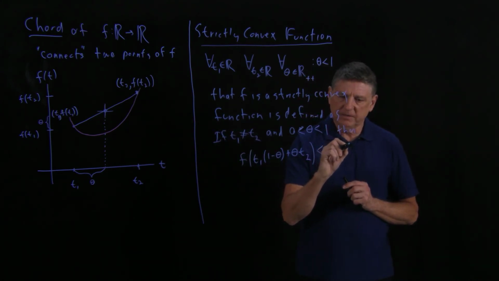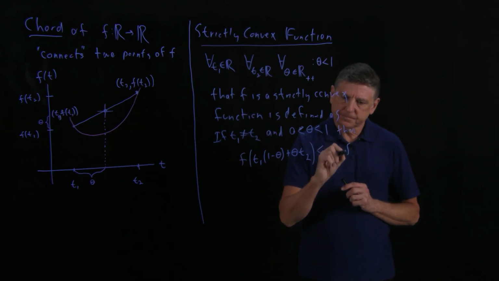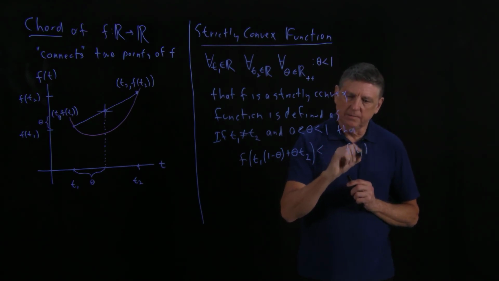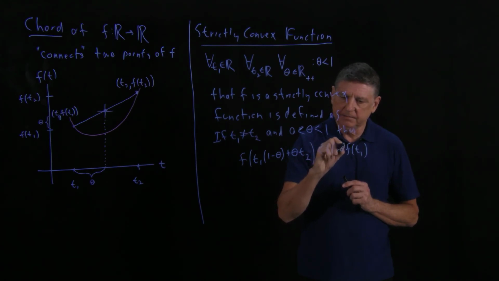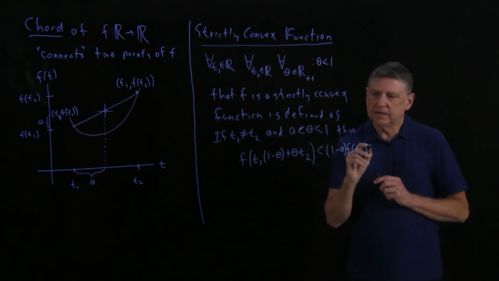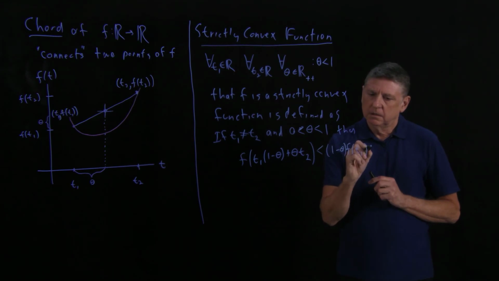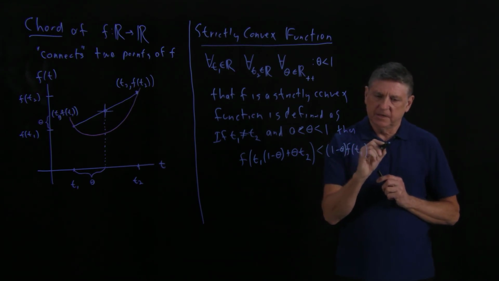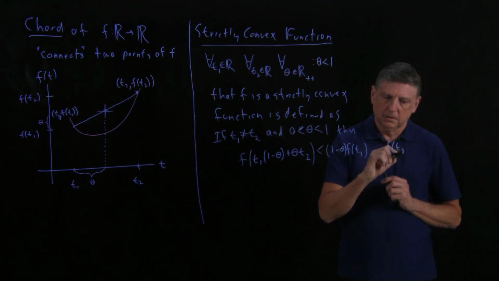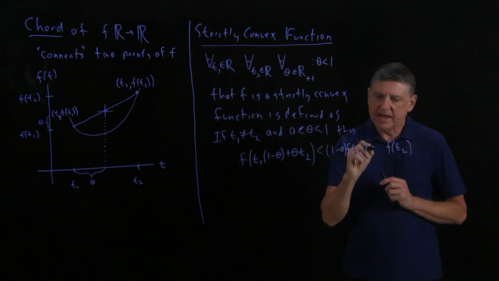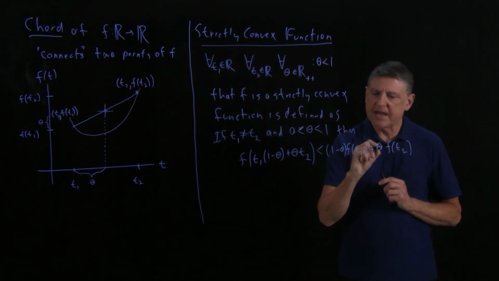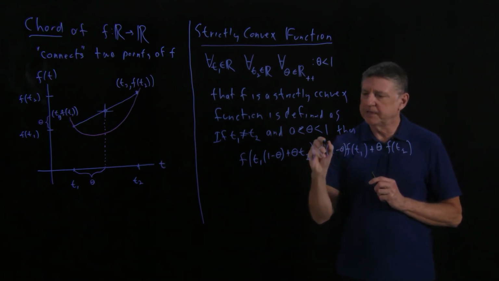If we evaluate the function at T1 and multiply that by 1 minus theta, and then evaluate this function at T2, giving us this value here, and add theta times that, that would linearly interpolate these.